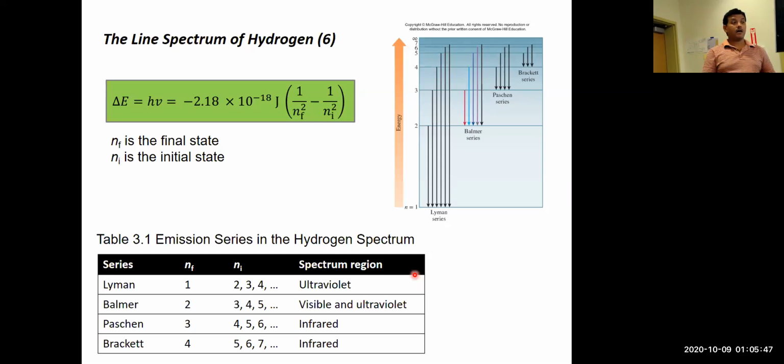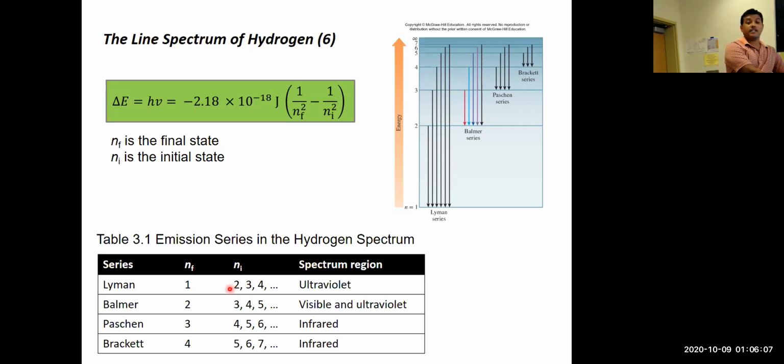These are the different ranges of those energy levels that were identified in addition to the visible range we are able to see. These are named after the professors that identified them, and these are the final states and these are the initial states.